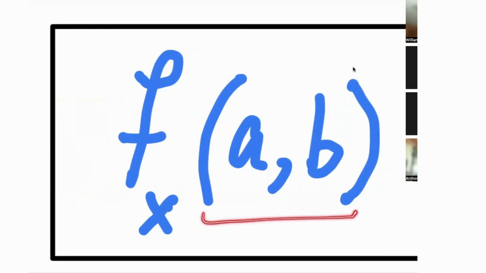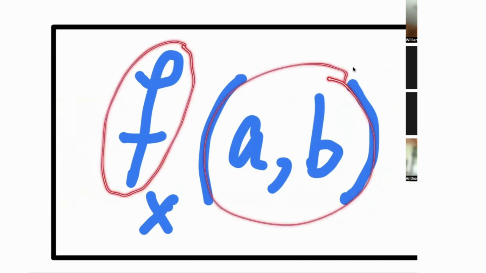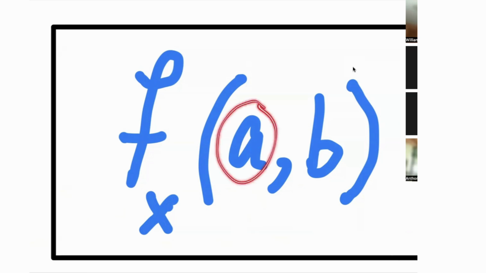We're trying to figure out how the function changes near this point AB. Here's our function f. Here's our point. And the only role that this x plays is just notational. All it's saying is that we're going to change the x coordinate. So we get the derivative with respect to changing the x coordinate, keeping y fixed.